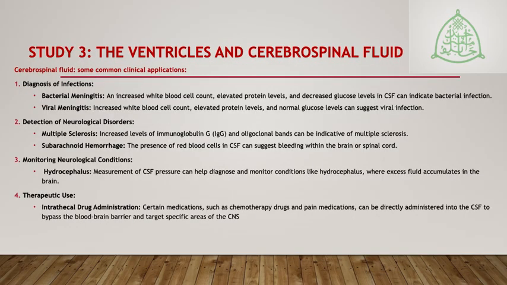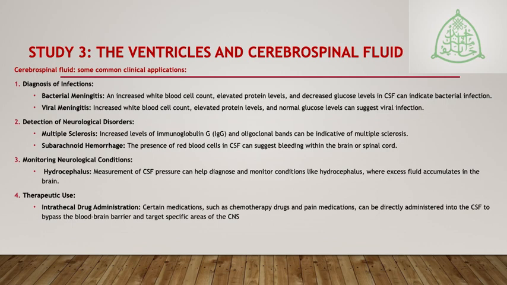So normally, like we said, for the clinical application, we use it to diagnose infections such as bacterial meningitis and viral meningitis, including plasmodium with malaria. You can also detect neurological disorders such as multiple sclerosis, or a subarachnoid hemorrhage where there is a rupture of the blood vessels.